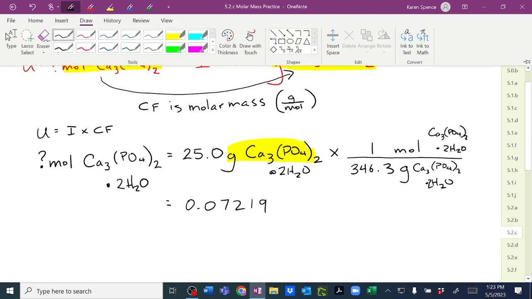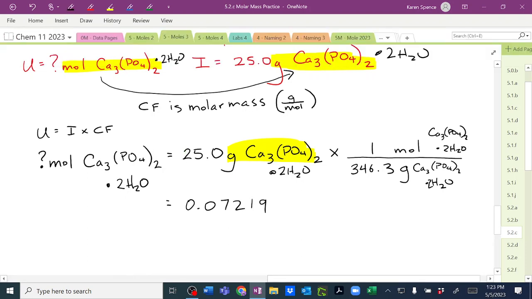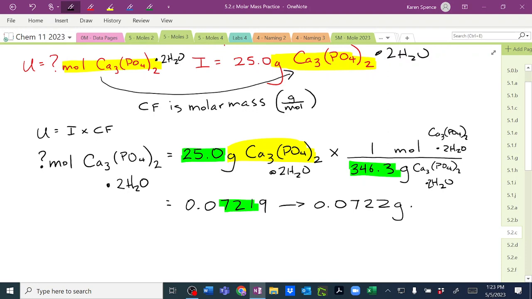How many sig figs should we have? We have 3 sig figs here, 4 sig figs here, so that would give us 3 sig figs in our answer, so we need to round that to 0.0722. So you can take molar mass just like any other conversion factor and turn it upside down, or leave it right side up if you need to. Is that good? Okay.